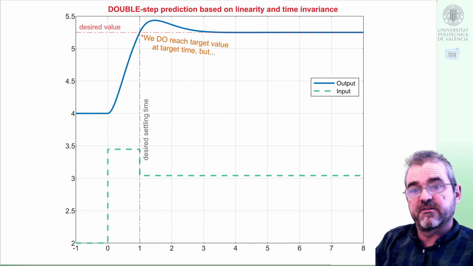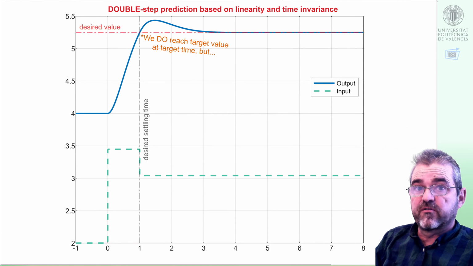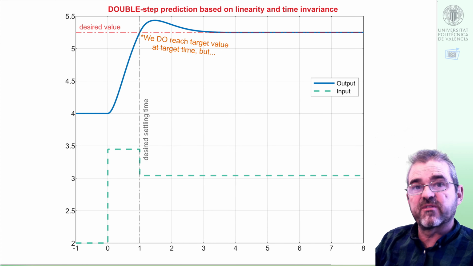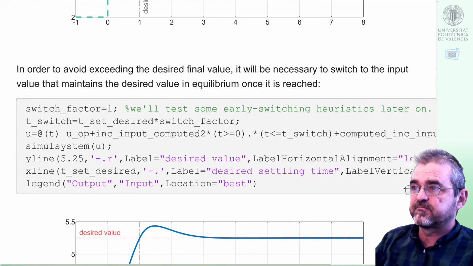This is what we are observing here. Of course, we could do some more complicated computations with models, but what we could do is just stop pushing before reaching the desired settling time to give time for the speed to dissipate because of friction or something like that. Let's see.